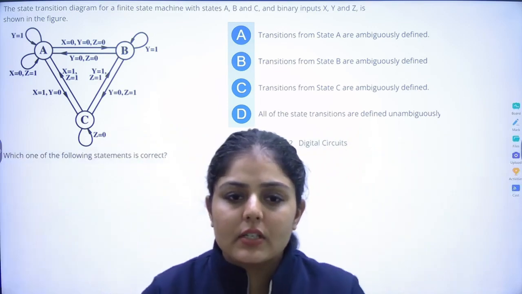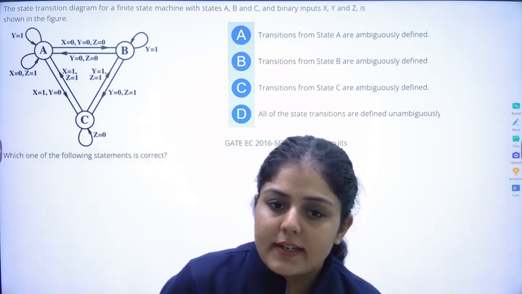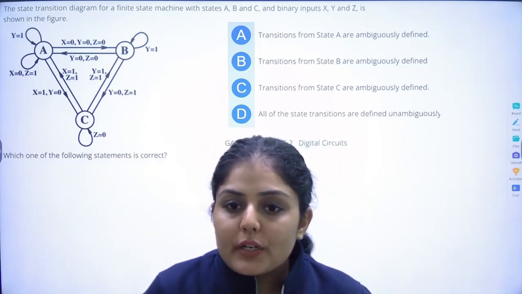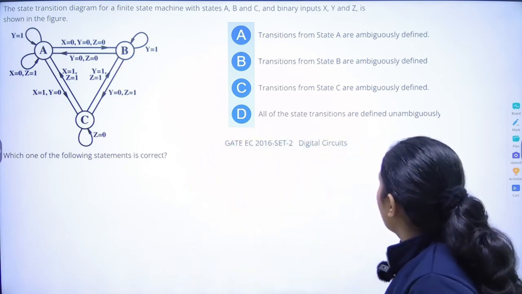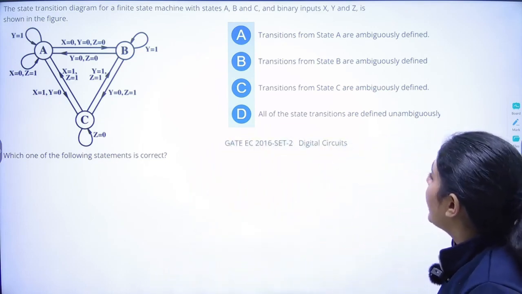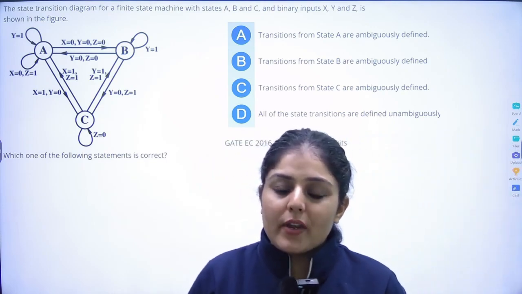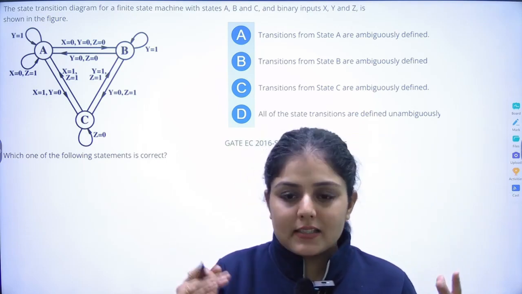Moving on to the next question, the state transition diagram for a finite state machine. So machine states are given, that A, B, C are the states. For the input x, y and z, what is the state ambiguity? So ambiguity basically means whenever the state is going to multiple other states at the same time, right?